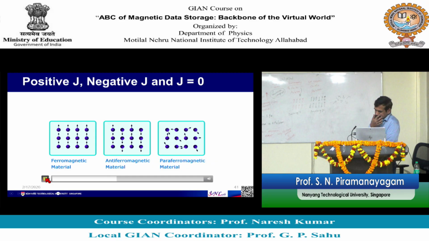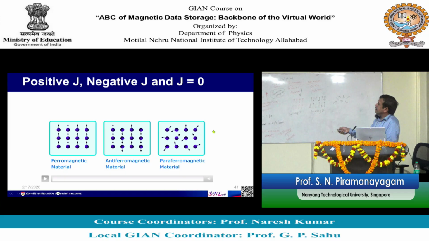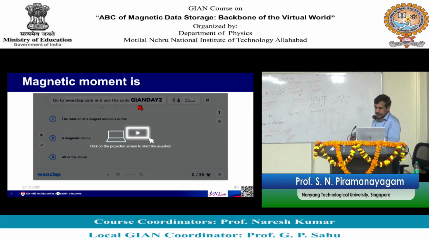This is how you can understand the 3 different classes of material. And in ferrimagnetic material the spin configuration is similar, but the magnitudes of the 2 spins are different. Now, we go through some questions to reinforce these concepts.